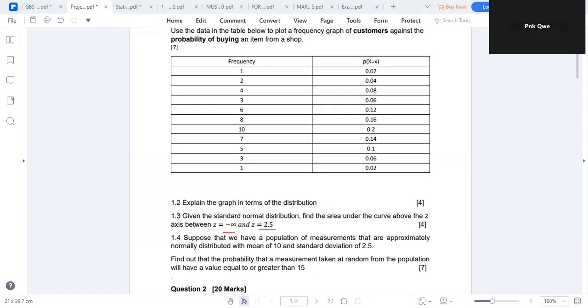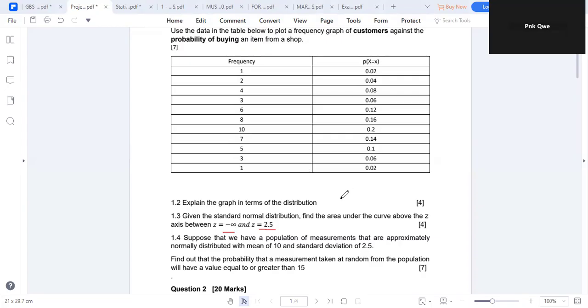Okay, so let's do this. How do we find the area under the graph between negative infinity and 2.5? We need to illustrate this.